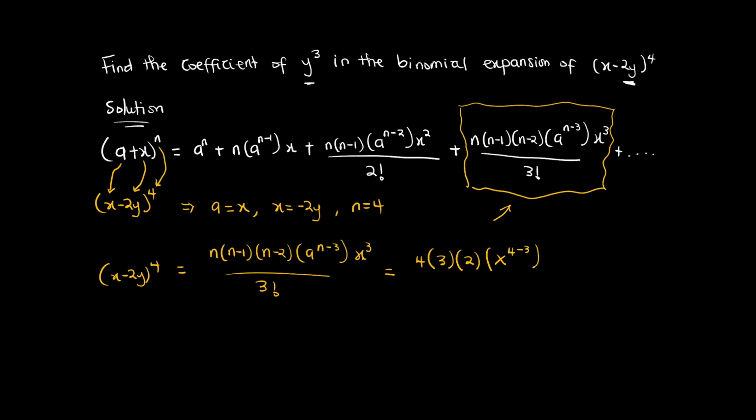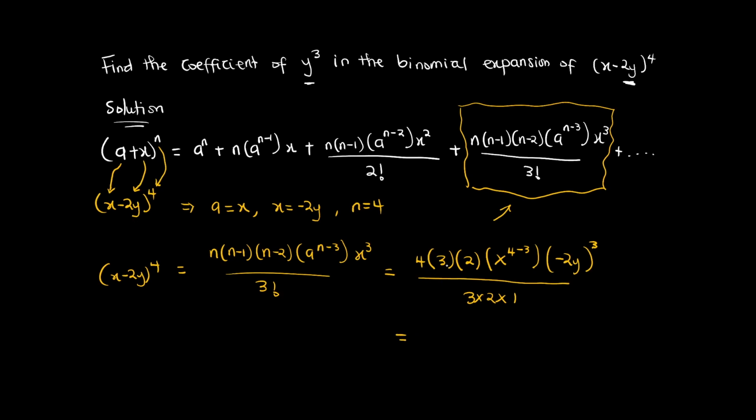Then our x over here is negative 2y. Remember, it is cubed, so I'll write the cube over here, all over 3 multiplied by 2 multiplied by 1. Okay?